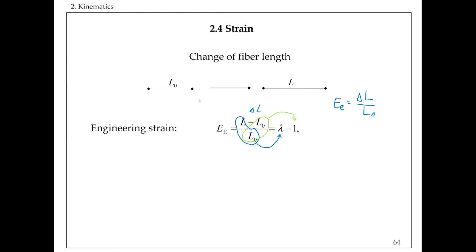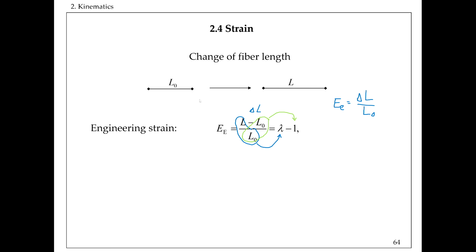Now, to start thinking a little bit differently in that direction, one would ask: that was very nice for a simple case, but what would you do if, for whatever reason, that fiber was deformed in such a way that different regions in this fiber would be deformed differently?